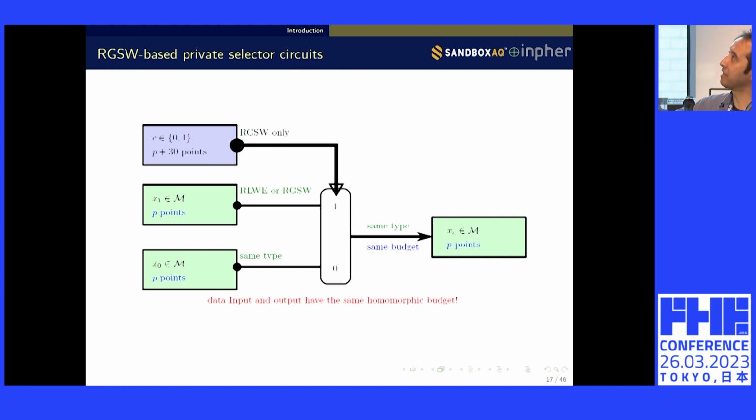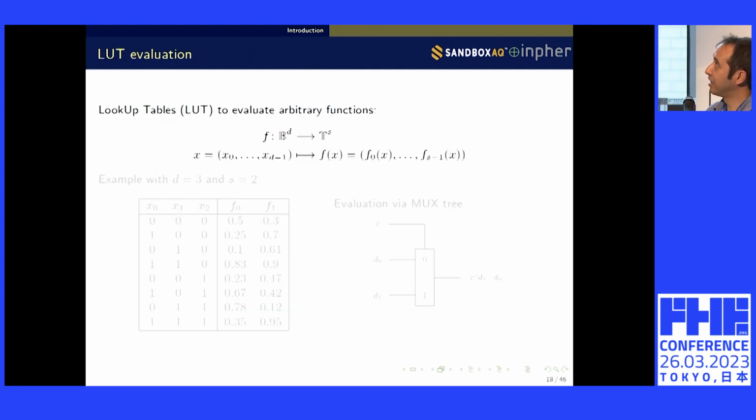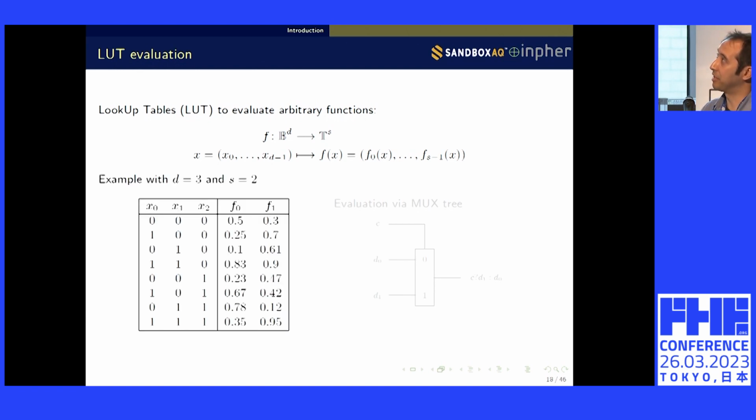And the good thing is that if the control bit of the MUX is 30 points higher than the other entries, then the MUX gate will preserve the budget, which allows to do a long chain of MUX gates without losing too many points. This is the one that is applied in TFHE for example, for lookup tables.